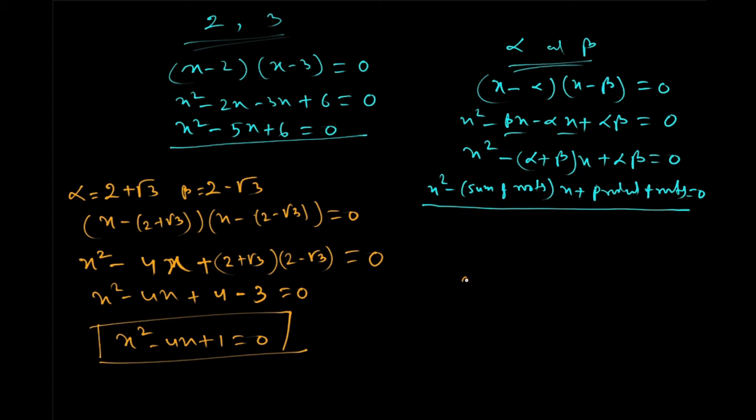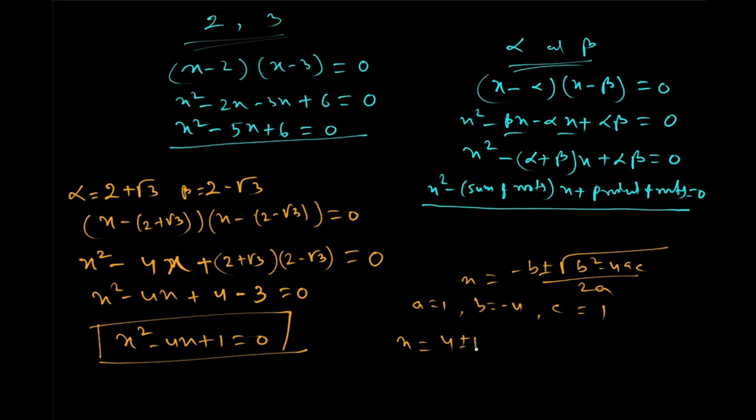We can use the formula x is equal to minus b plus minus root over b square minus 4ac, by 2a. Let us check it. a is 1, b is minus 4, and c is 1. So x is equal to minus b, it is 4, plus minus root over b square, minus 4 square is 16, minus 4ac, that is 4, divided by 2a, a is 1, so it is 2.